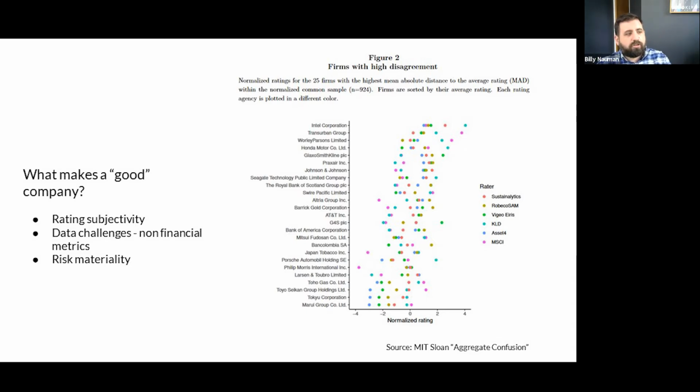You can see in this chart that these ratings are all over the board. And they're really subjective. It's not like in the credit rating world, where there's mass convergence among different raters on different companies, because they're looking at a very similar set of criteria when they make a determination on a credit rating.